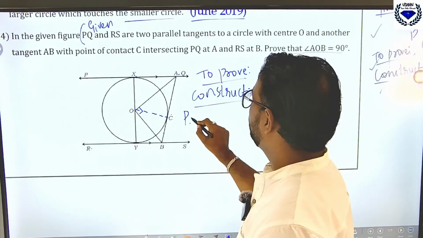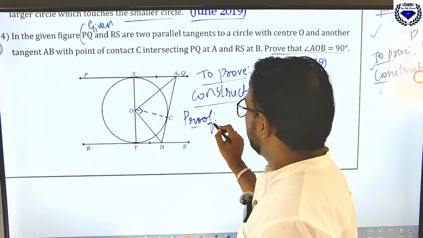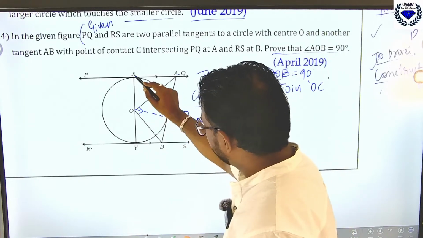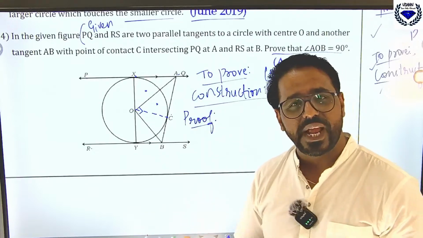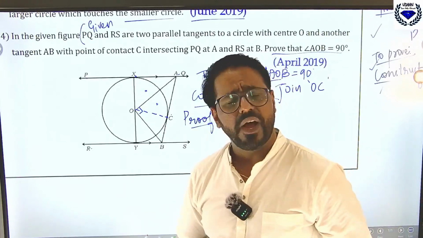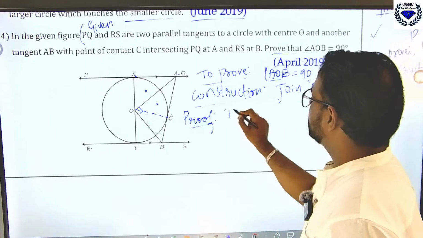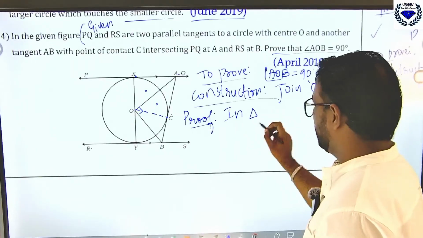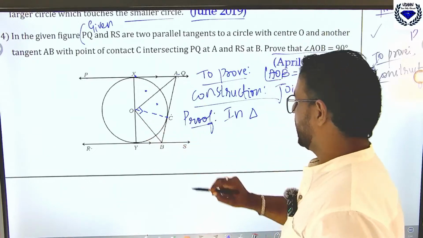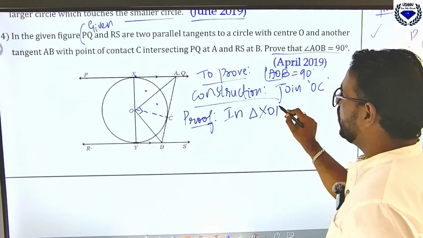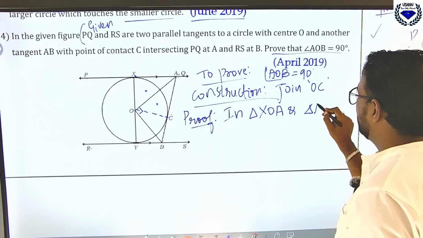So proof, how will you begin? You take this triangle and this triangle and prove that these two triangles are congruent. How will you prove? See here, first write in triangle XOA and triangle AOC.